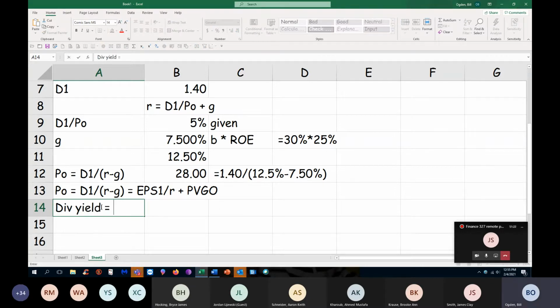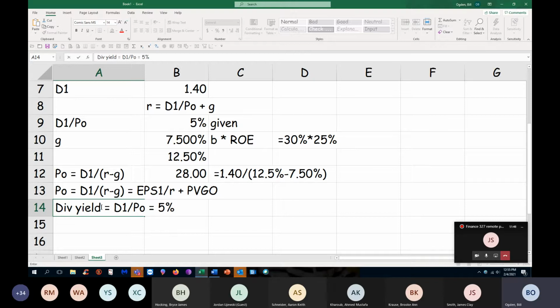Dividend yield is equal to D1 divided by P0. And they said that's equal to 5%. That's given. All right. So what did they do?